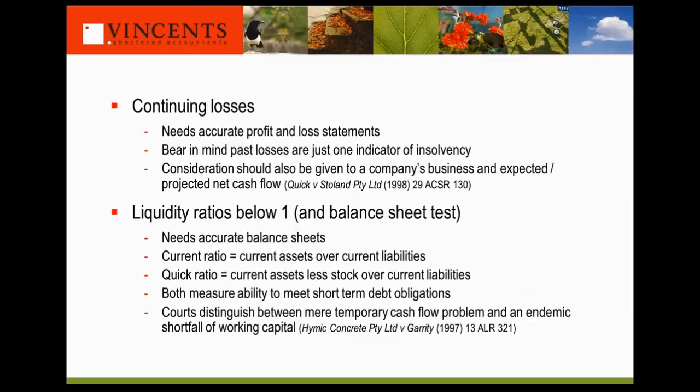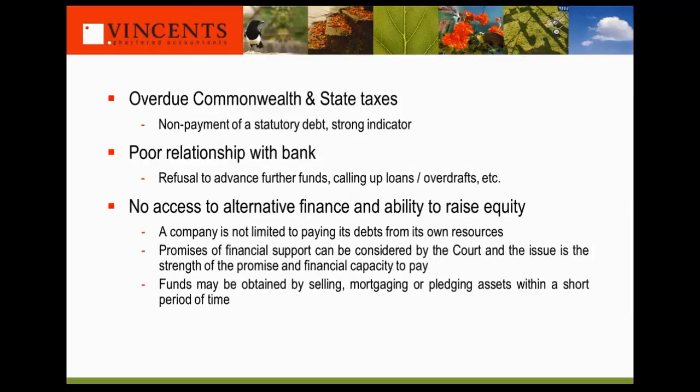You need to be a little careful whether the entity is actually classifying its assets and liabilities correctly as current or non-current, because you do see it done incorrectly. The courts will also distinguish between a temporary cash flow problem and what's called an endemic shortfall of working capital. There's a difference between the two.